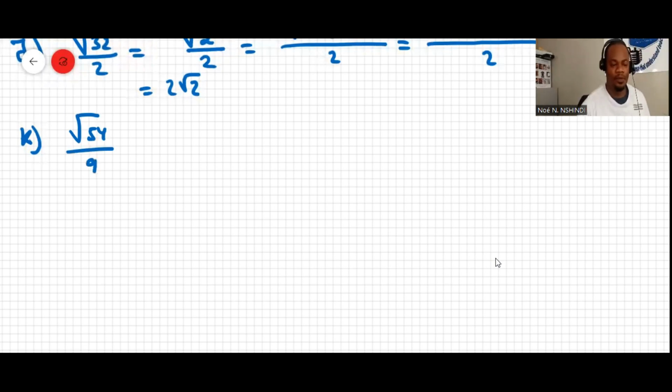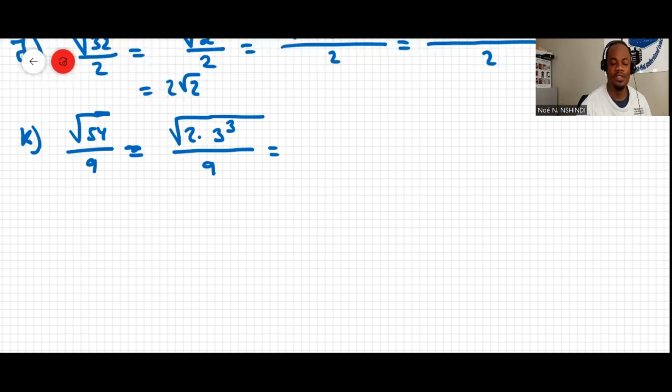That will be equal to 54 in terms of its prime factors. It's going to be root of 2 multiplied by 3 to the power of 3. I prefer to write it that way, that's 54 in terms of prime factors, over 9.